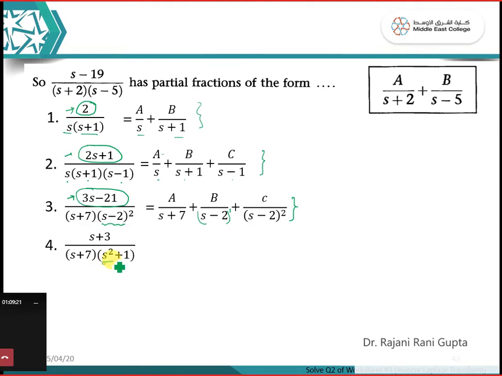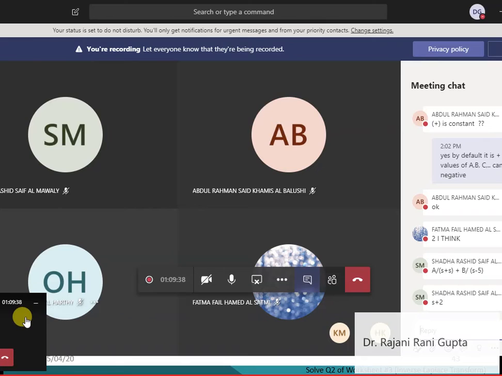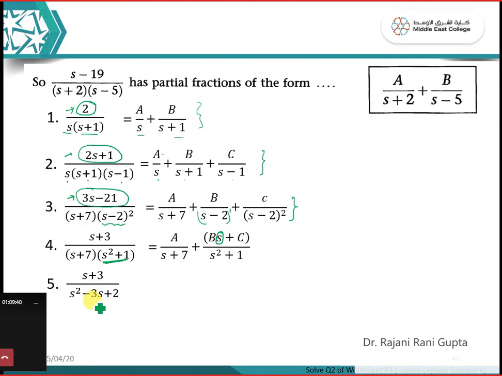So for this one, now it is s square plus 1. You cannot factorize it. So it will be in this way, bs plus c. One term with s, and then here. Now, how do we do this? First we need to factorize it.